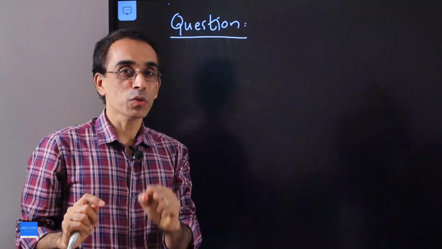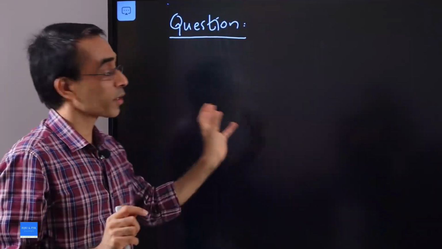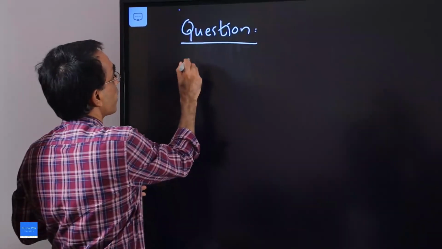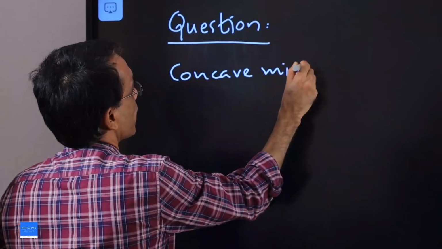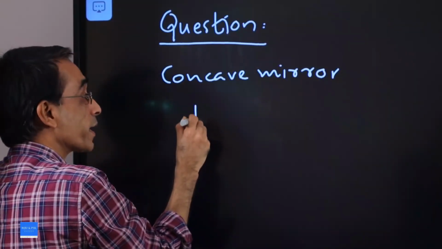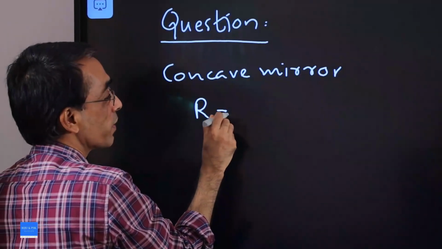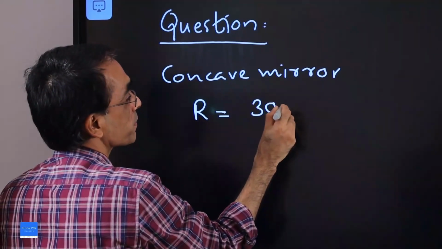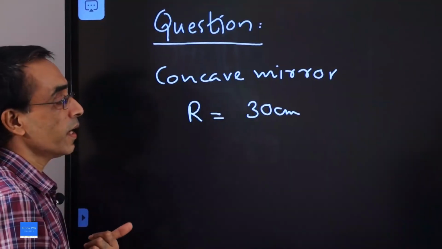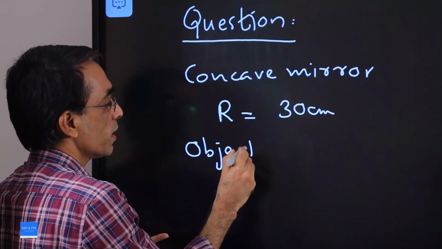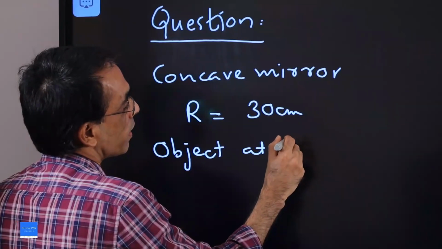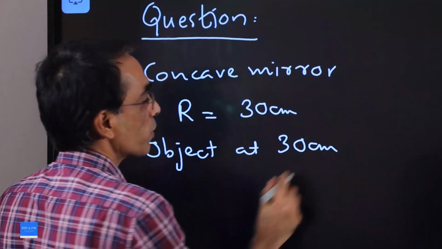Okay, now let us do one numerical question on this. Consider a concave mirror where the radius of curvature is given as 30 centimeter. And it is given that there is an object at 30 centimeter from the mirror.